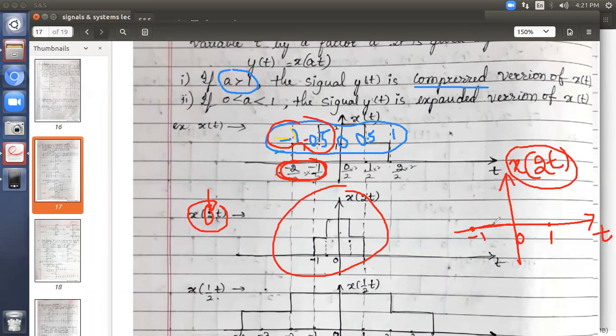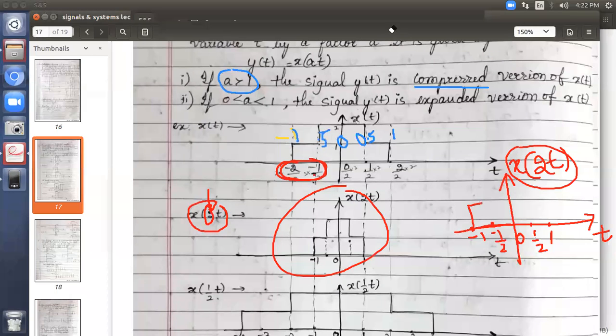If I mark this as -0.5 and this as +0.5, minus half and plus half, then this particular signal, a step between -2 to -1, is now between -1 and -0.5, something like this, a step.